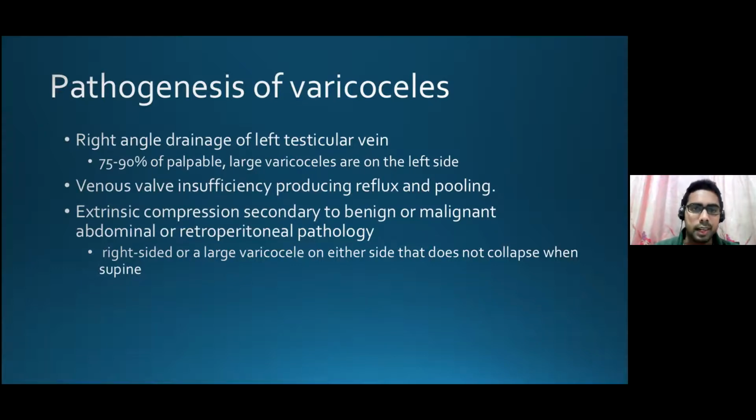So when there's a right-sided varicocele, or a large varicocele on the left side which does not collapse when the patient is supine, we have to consider this secondary varicocele and a pathology which leads to retroperitoneal obstruction of the gonadal veins.